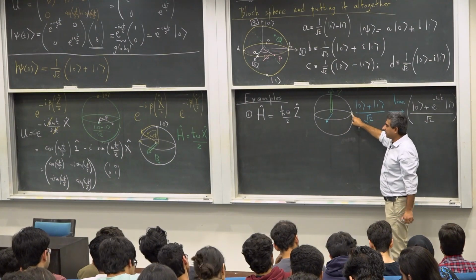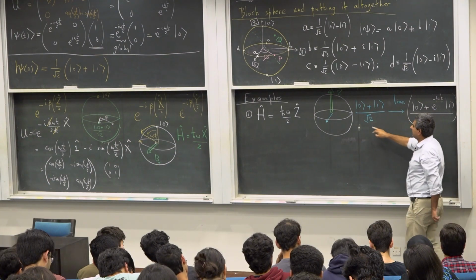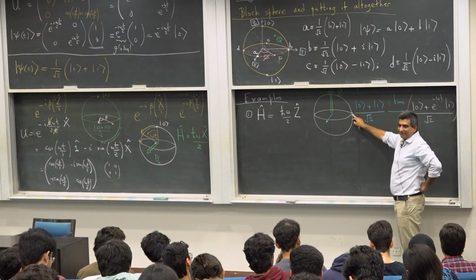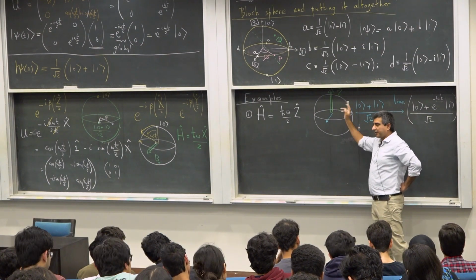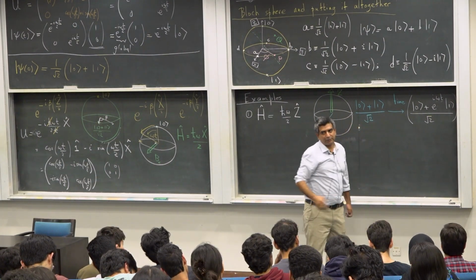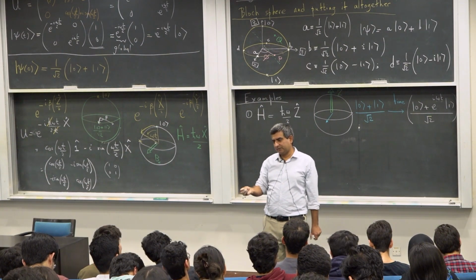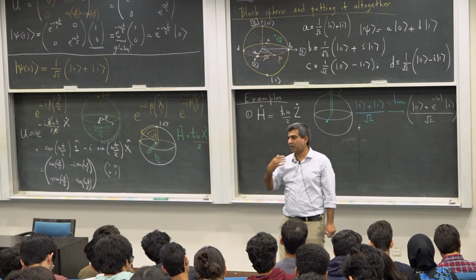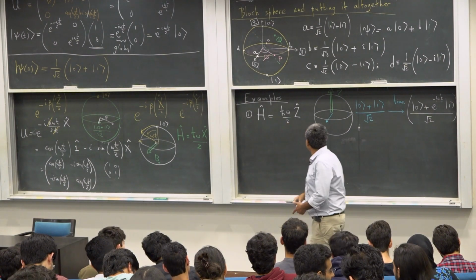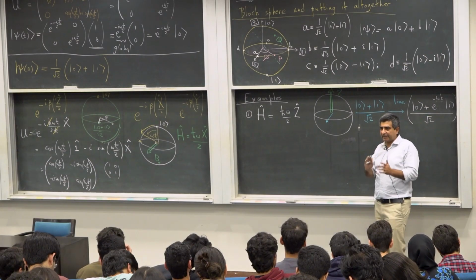If my omega t is pi by 2, if this is pi by 2, I come here. If my omega t is pi, I go to the back. So I keep on circling around the equatorial plane with a particular frequency which is omega. The time period is 2 pi over omega. It's a periodic rotation. Now the point is, how does this relate to nuclear magnetic resonance?